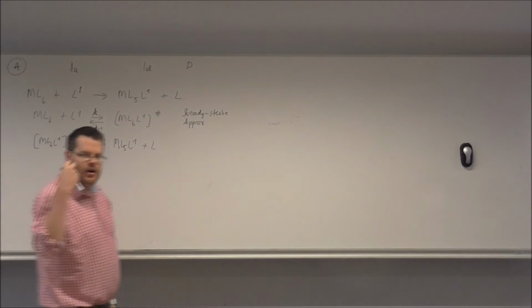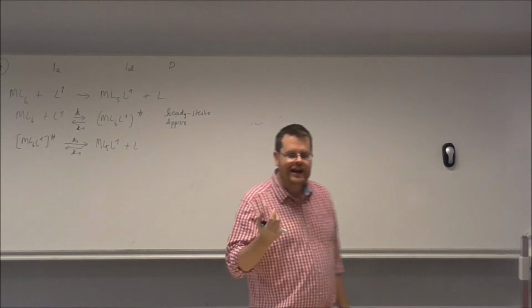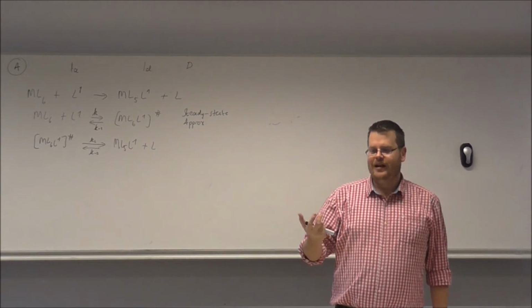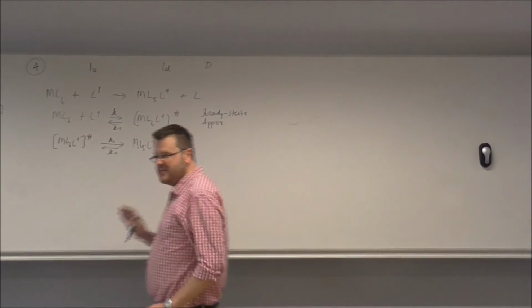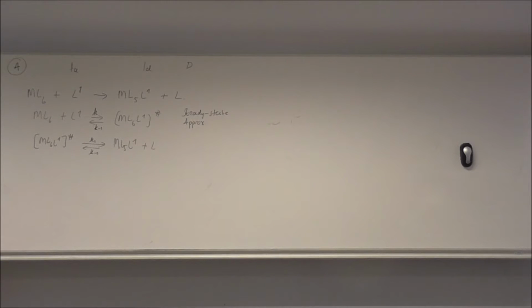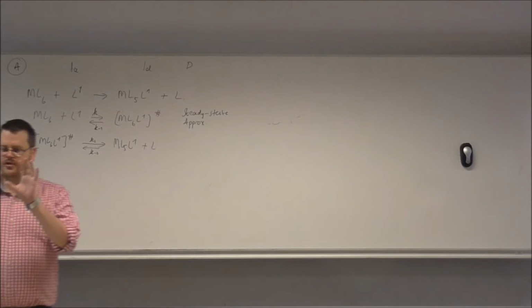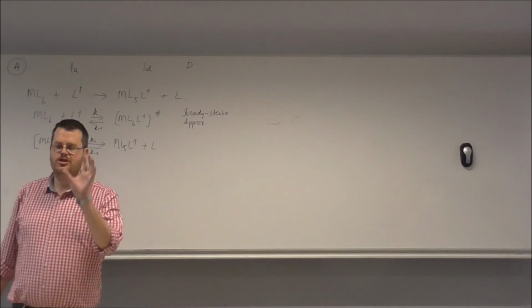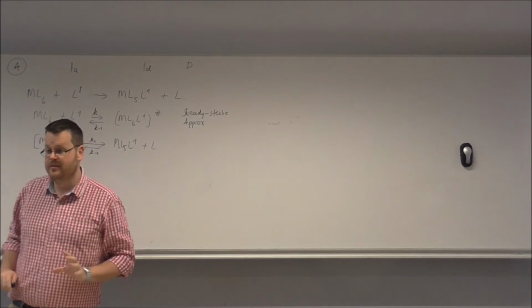In other words, it's being consumed as rapidly as it's being generated. Okay, that's the steady state approximation. It doesn't mean that the concentration is 0, it just means that the change in the concentration with respect to time is 0. So it's being consumed as rapidly as it's being produced.